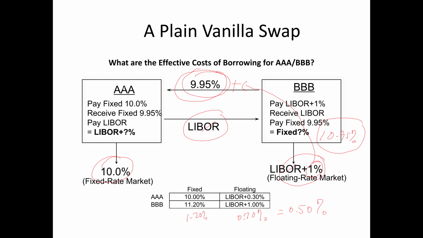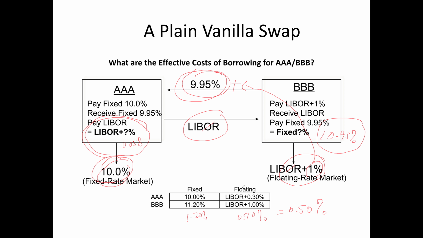Now for AAA, they pay 10% and receive 9.95. Here is the savings, see that? Here is 9.95 and LIBOR. So LIBOR plus 0.05 is their effective rate. Now let's compare with the existing market cost.